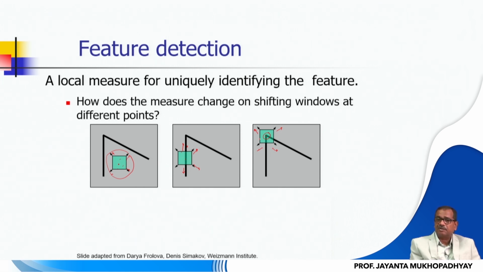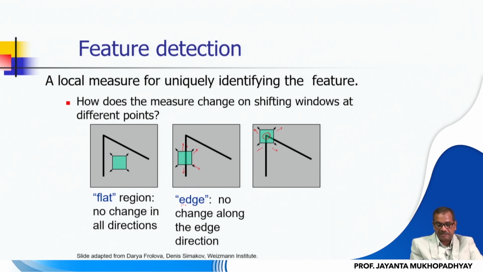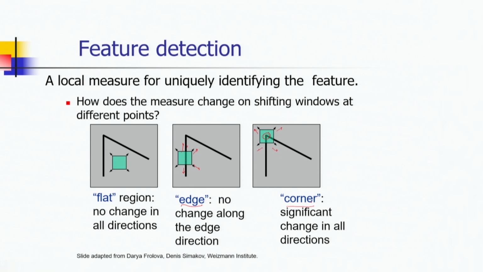Those features we call key points. So this is the key point in this example. We call this region a flat region, this region an edge region, and this region a corner region, and corners are considered as the key points.